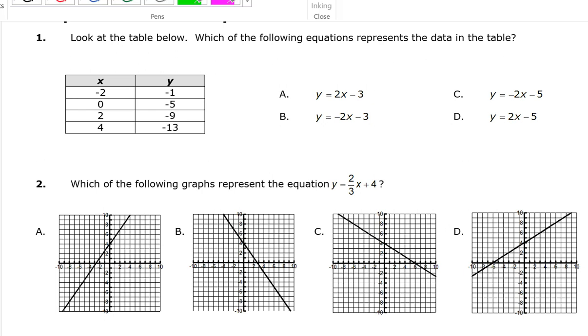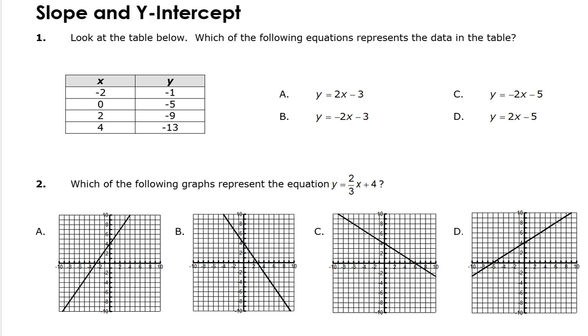Okay, moving on to slope and y-intercept. Look at the table below. Which of the following equations represents the data in the table? Okay, so first let's find our slope. So slope, remember, is change in y over change in x.